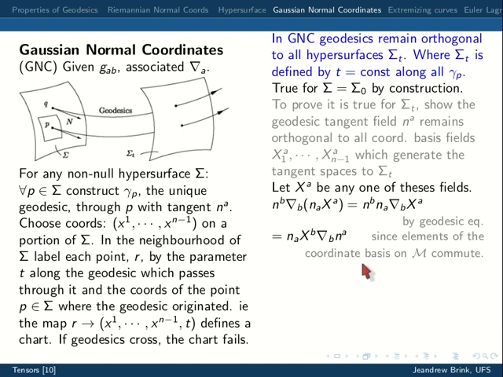And so what that means is that if you start with your basis vectors over here, you look for the next set of basis vectors over there, and they are exactly the same ones as you had there, and the normal vector also remains the same.